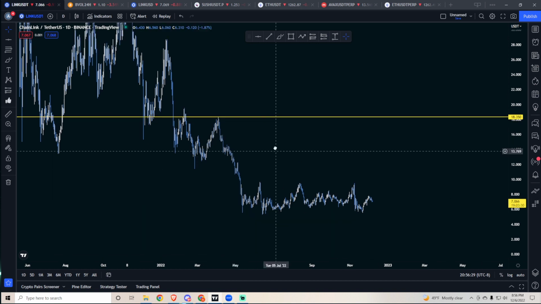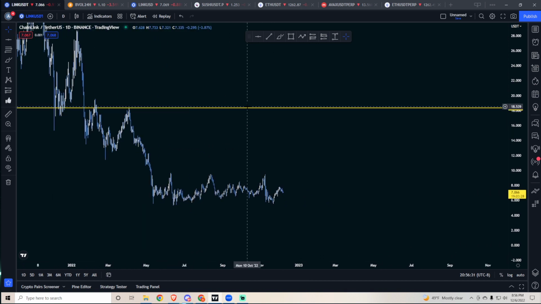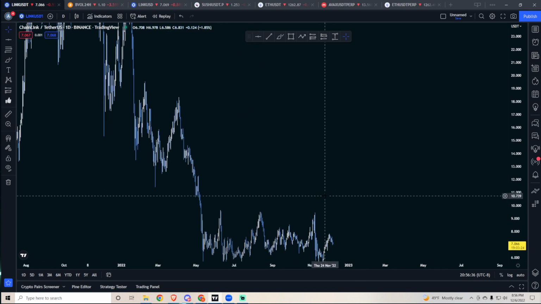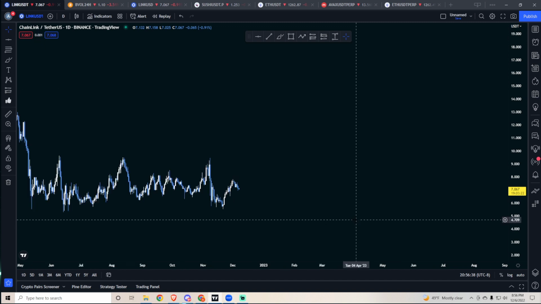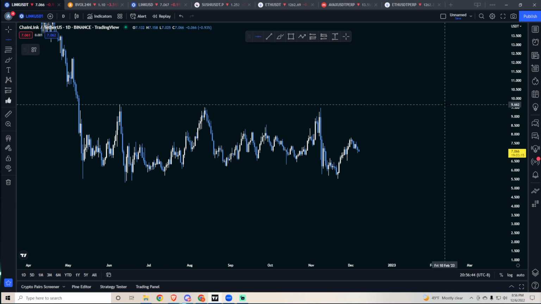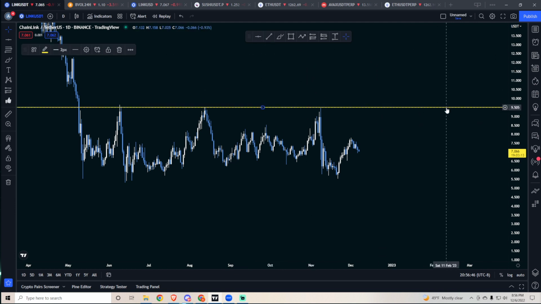So although we have resistance there, I'm not going to be focusing on that. I'm just going to be focusing on the price around our current price action. So we can go ahead and put resistance here at 9.5, right?